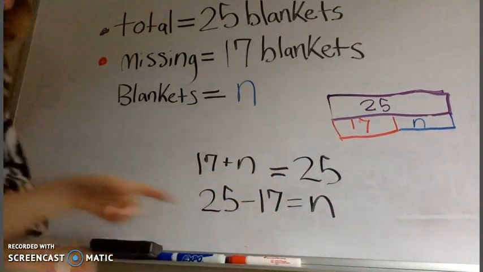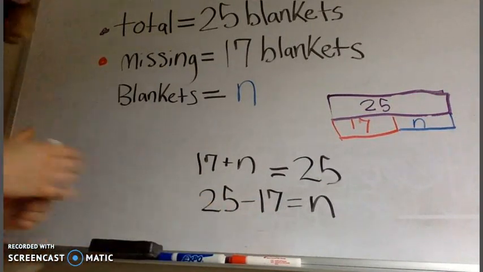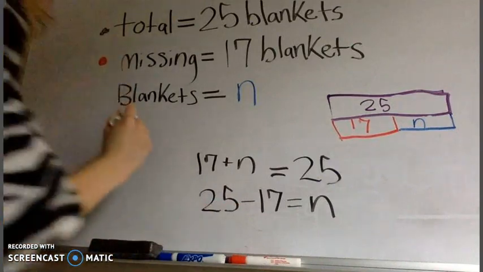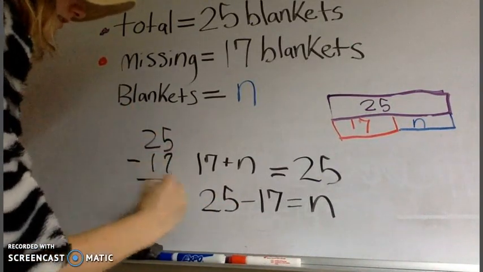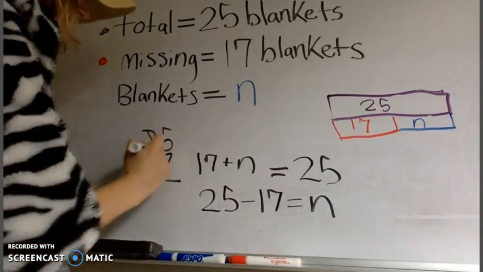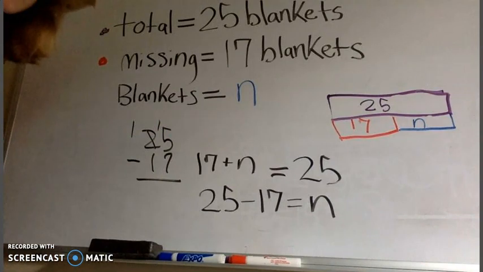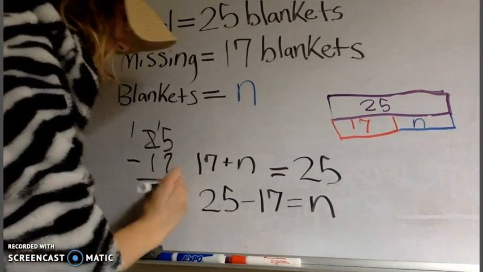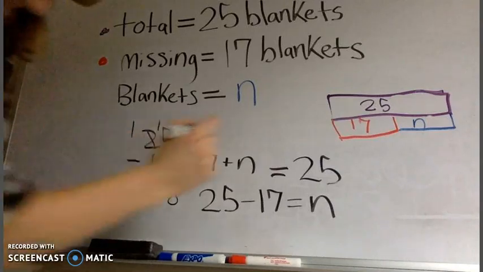So this way seems easier to me, so I don't have to guess and check like we did on the last problem. So 25 minus 17, I'm just going to stack and subtract. Can't take 7 away from 5, so I have to borrow. 15 minus 7, oh, we did that math earlier. That's 8, and this is 0. So 8 blankets were remaining.